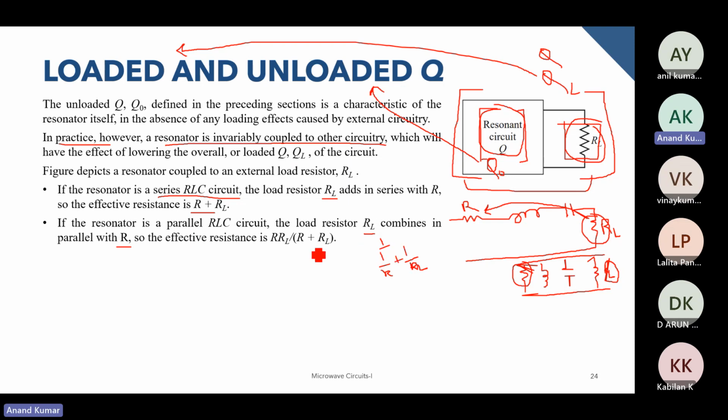Simplifying it, we'll get R into RL divided by R plus RL.